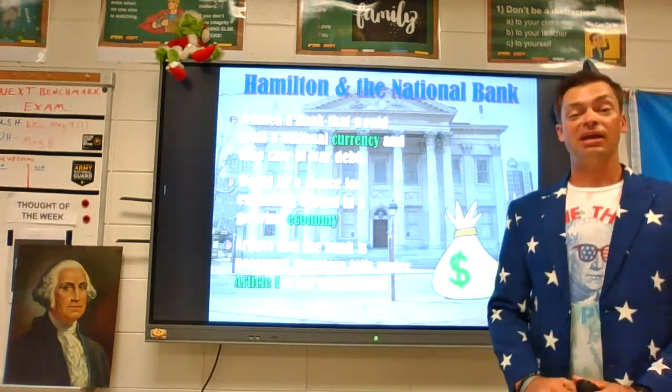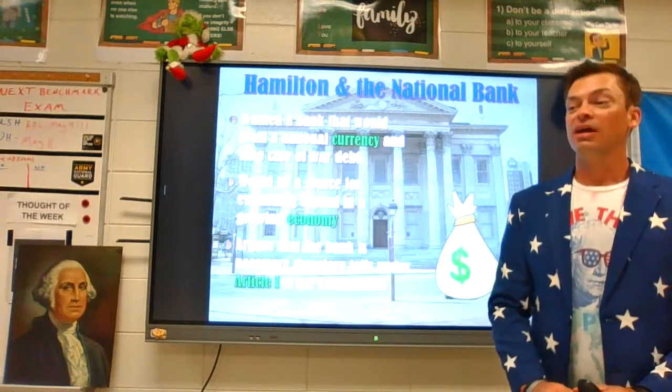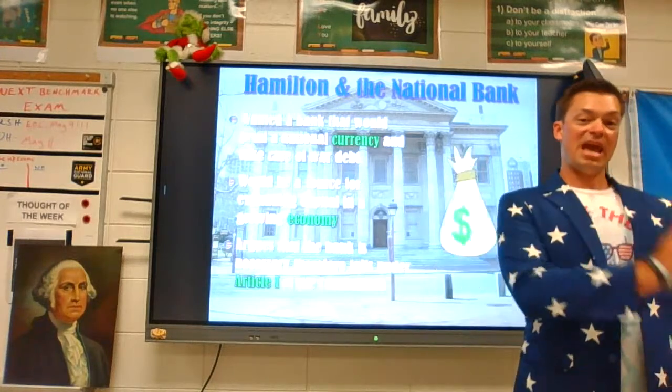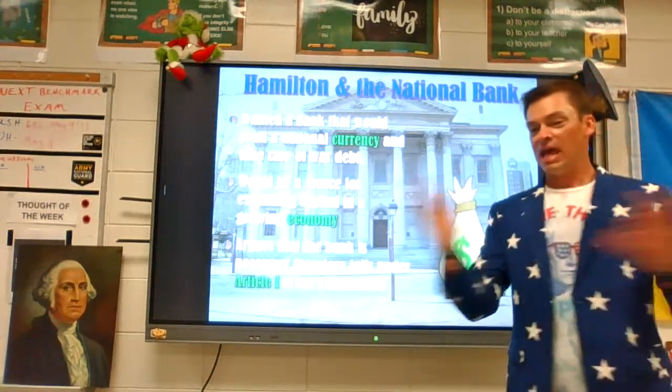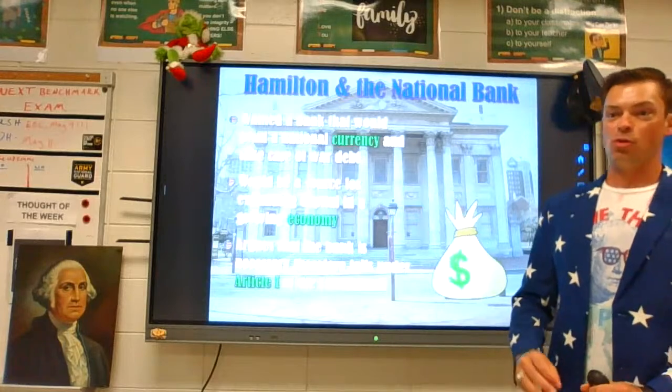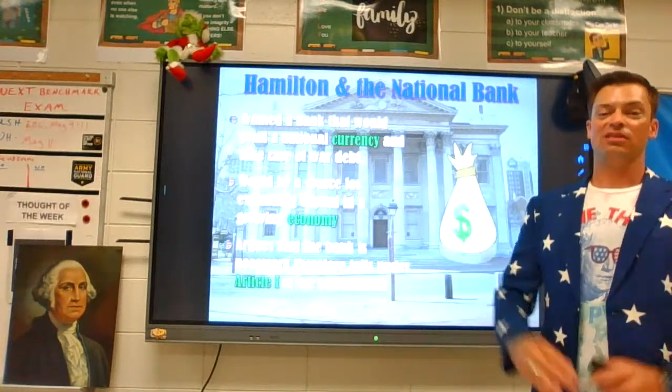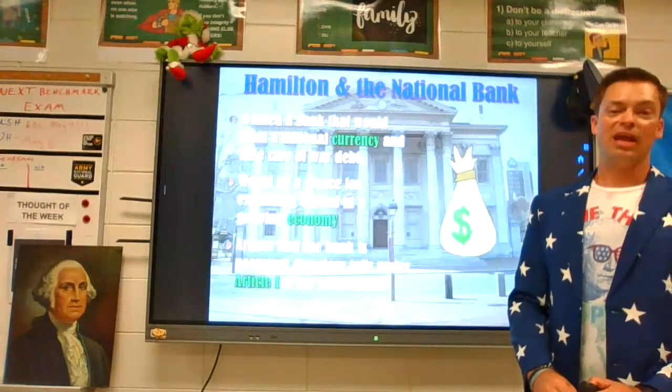Hamilton argues that the bank is necessary and proper for running the government, therefore it is permissible. So some people say we can't have it because it's not in the Constitution. Hamilton says it doesn't matter that we didn't say the words a national bank. We have the clause that says that we can do anything necessary and proper, therefore we can have a national bank.